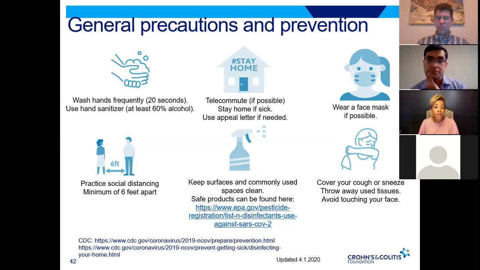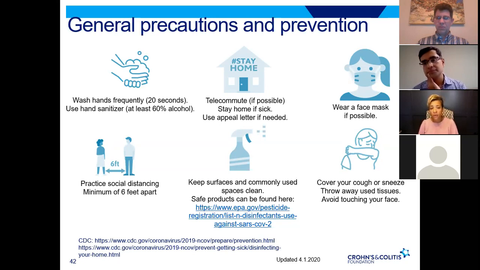In general, we touch, breathe, and inhale these viral particles, so it makes sense that washing your hands frequently and efficiently, so at least 20 seconds at a time, and then using hand sanitizer with at least 60% alcohol if soap and water are not available to you. That's a very standard measure that has been proven to decrease the spread of infection.